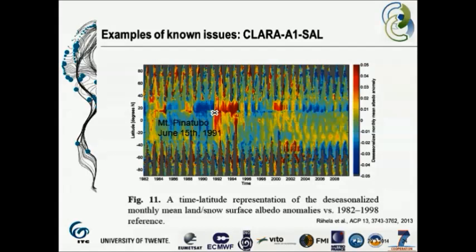So it's always good, like Terhikki said, to thoroughly read the validation reports and the papers. We've written about these events. This actual figure is from the paper describing Clara A1, and the associated discussion about the anomalies and their causes is available there, and we of course urge people to read them. It's good to be aware as a user also that these things do occur, and they usually occur for some reason, of course. Okay.